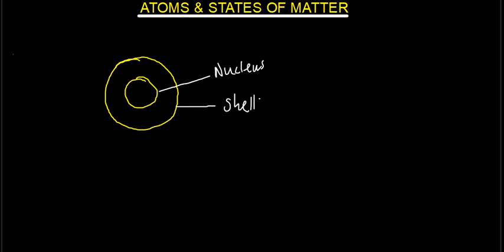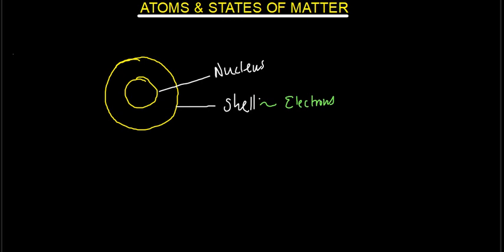An atom has got a lot and a lot of shells. But when you are dealing with chemistry, you only show those shells which have got electrons. So what is contained in the shells are electrons. This is what we are going to find in the shells.